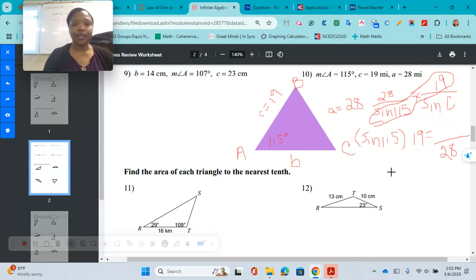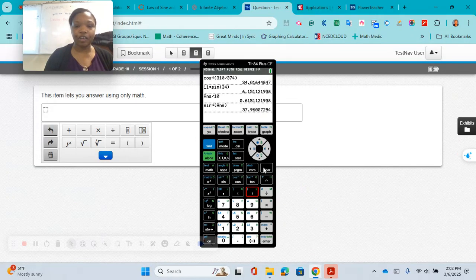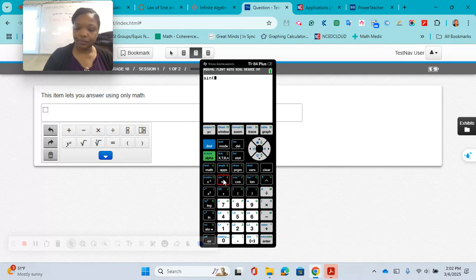So the sine of 115 times 19, put this in my graphing calculator. It's 17.21, or actually 17.22, rounding to about 3 to 4 decimal places.